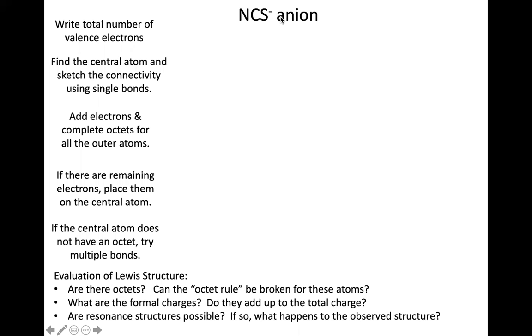First I need to figure out how many valence electrons I have, so I'm going to add up to get the total. I got 5 coming from the nitrogen; I'm just looking at the column it's in. There were 4 coming from the carbon, 6 coming from the sulfur, and I'm adding 1 more to the total because it's a -1 charge.